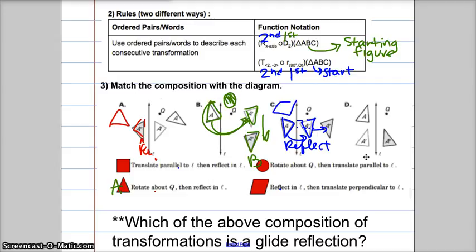So letter D, there's only one option left, but let's at least look at this. So triangle A, we did a slide to get to triangle A prime, and then I see a rotation, nope, looks like it was a reflection across the line.